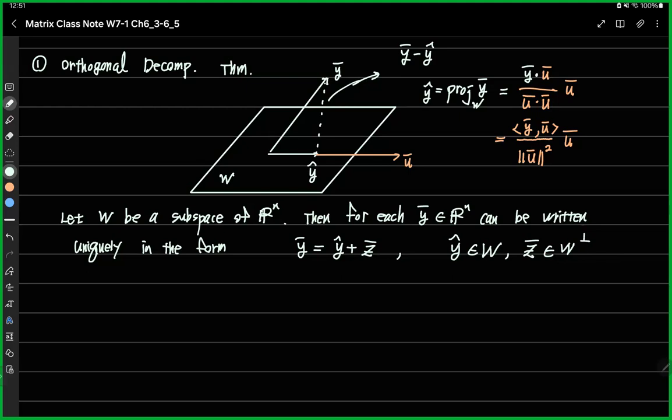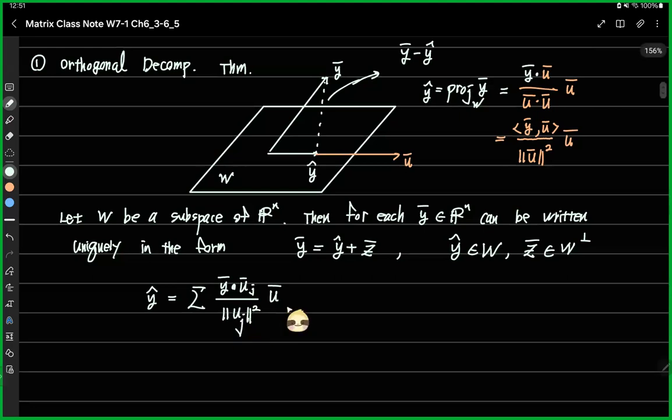And then if we know the basis of the subspace W, then we can express the y hat using sigma notation: y dot product u_j over the norm of u_j squared, times u_j, j goes from 1 through p.